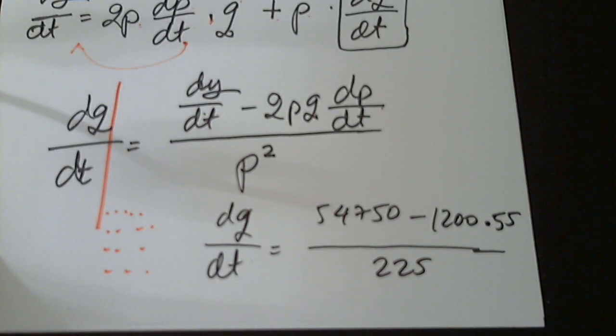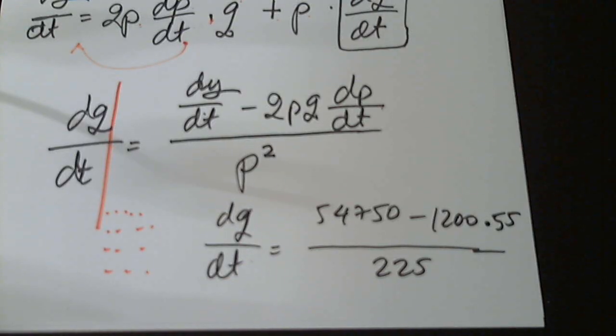Okay, I hope my calculator is awake and doing very well. Good. So parentheses for the top. 54,750 minus, again it was 30 times 40, yes, 1200, correct, multiplied by dp over dt, which was 55, correct.